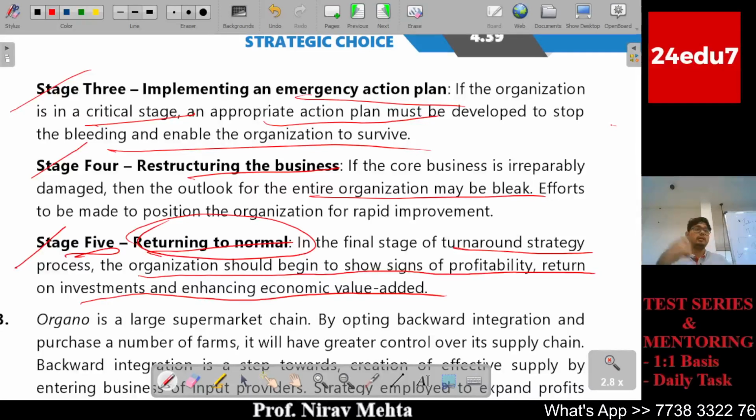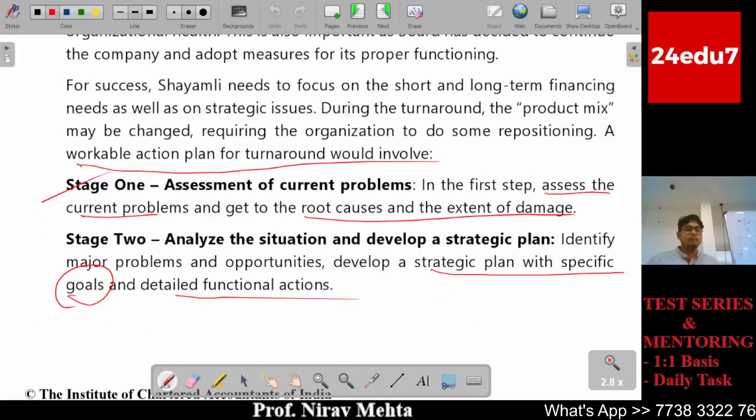So no high turnover, no overstaffing, only limited staff. This was all done by management. Management is very important. Are you getting my point? So for this answer, see again, what is the first point? Assessment of current problems. Analyze the situation and develop a strategic plan.